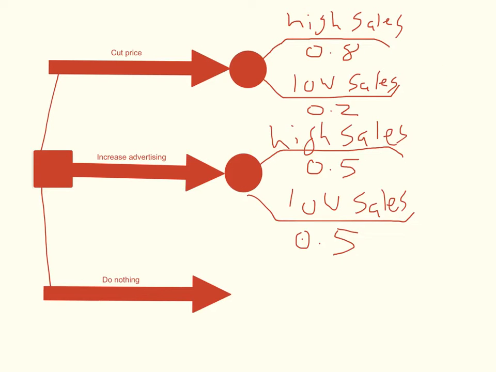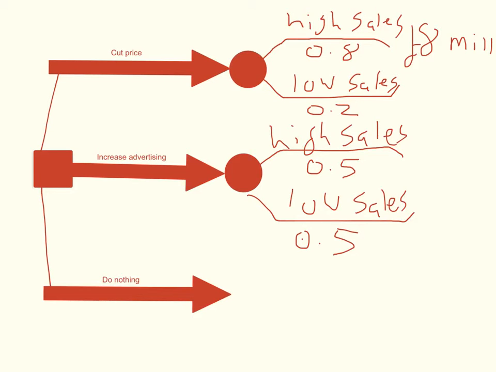So for this example, what we will say is that if the price is cut, there's an 80% chance that high sales will occur, which will lead to an increase in revenue of 8 million. So we'll put 8 million.